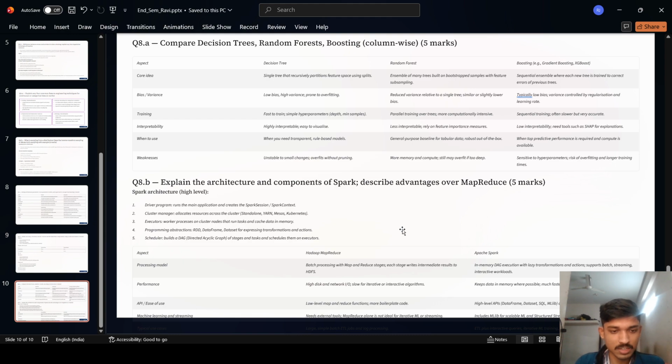The last aspect is machine learning and streaming. Hadoop MapReduce needs external tools and is not ideal for interactive ML and streaming, but Apache Spark includes the MLlib library for scalable machine learning and structured streaming for real-time processing.